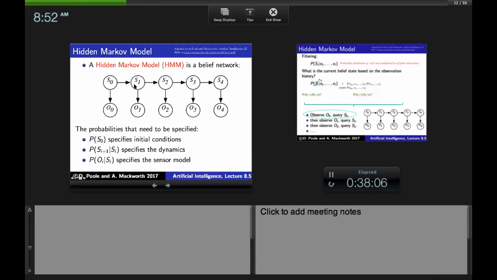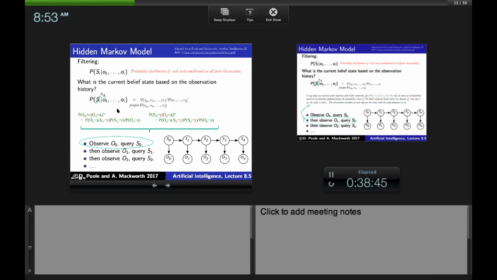If we interpret this as a Bayesian model, state 1 is independent of observation O sub 0 conditioned on S sub 0, its prior state or its parent. And then we have to specify probability tables, the probability of O sub I given S sub I. So again, this is augmenting the Markov model with observations.